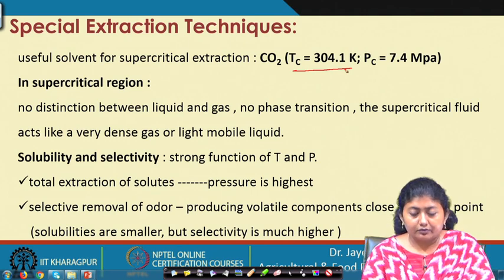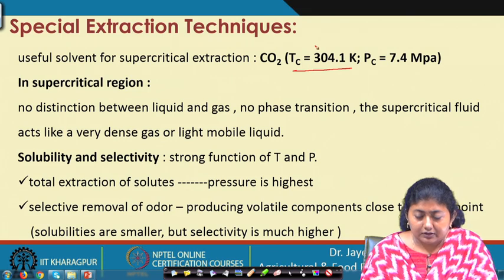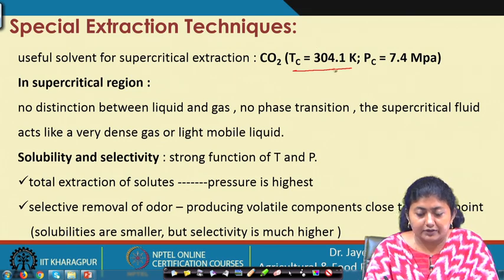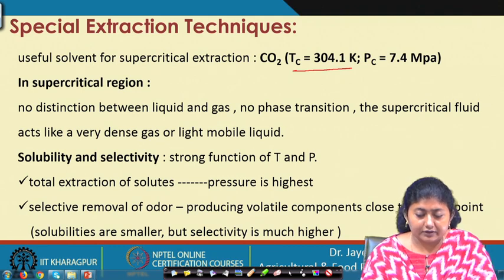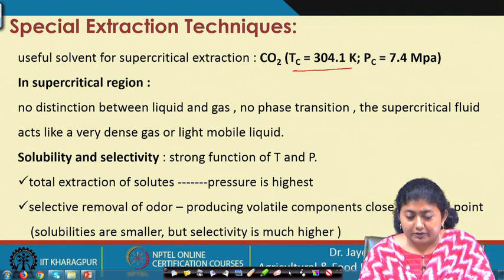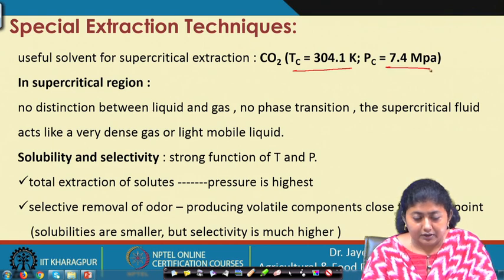As I mentioned, 273 is our starting point, so from that we can consider if it is 0, then what the temperature will be in Celsius, and Pc is generally 7.4 megapascal.